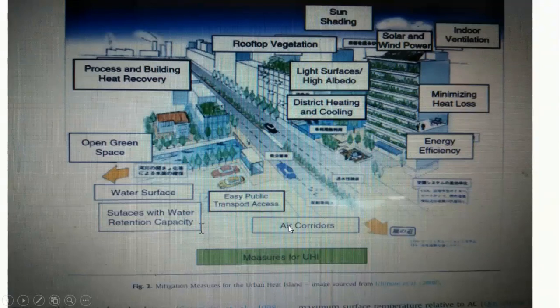So these are the mitigation measures, that is called cool pavement of light color, and reflective pavement, reflective tops, reflective roads, and these can be constructed for keeping the city cool, and more water bodies for evaporation and moisture retaining capacities, which increase the moisture retaining capacities of the cities.